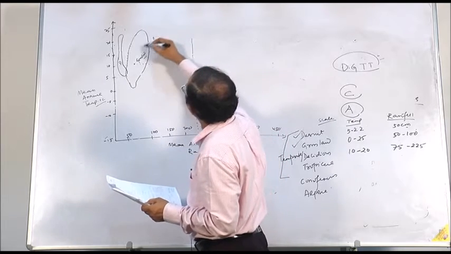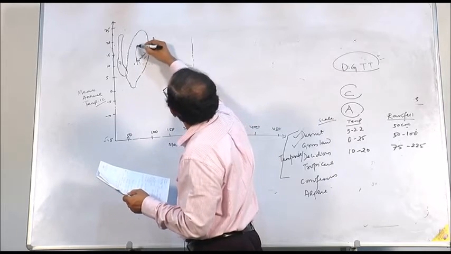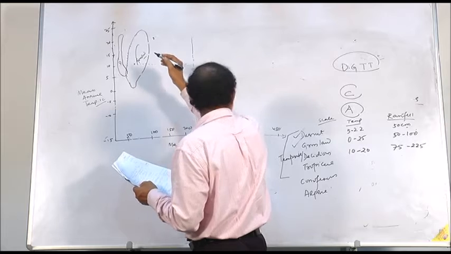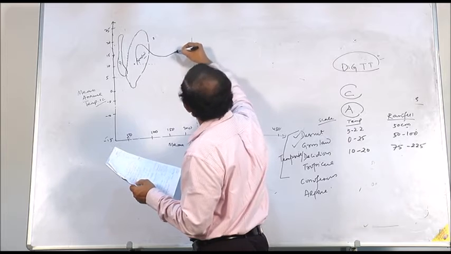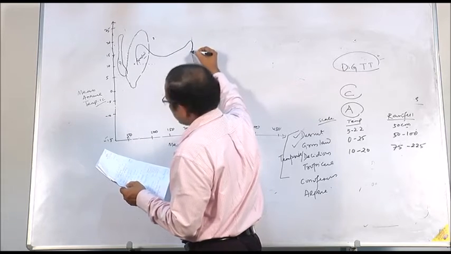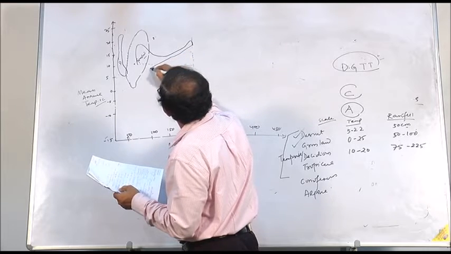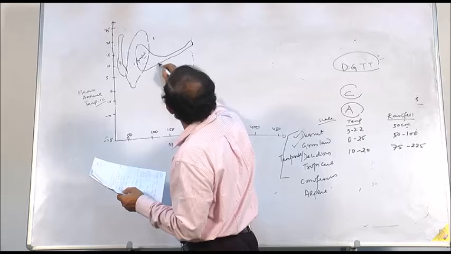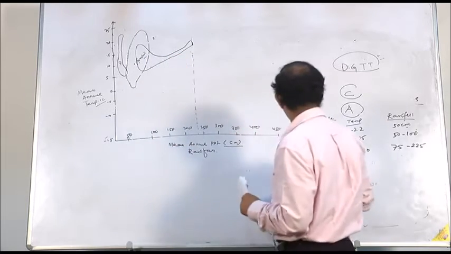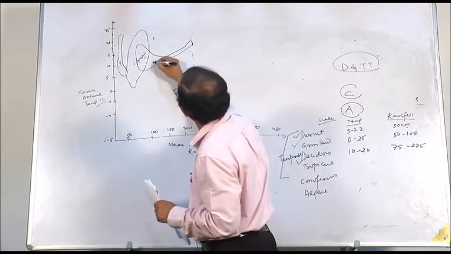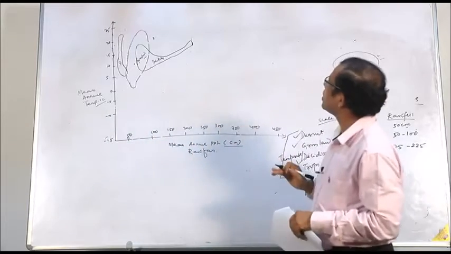This is how I have to draw my diagrams. It will be like this, because this is the deciduous. So the third one is clear.